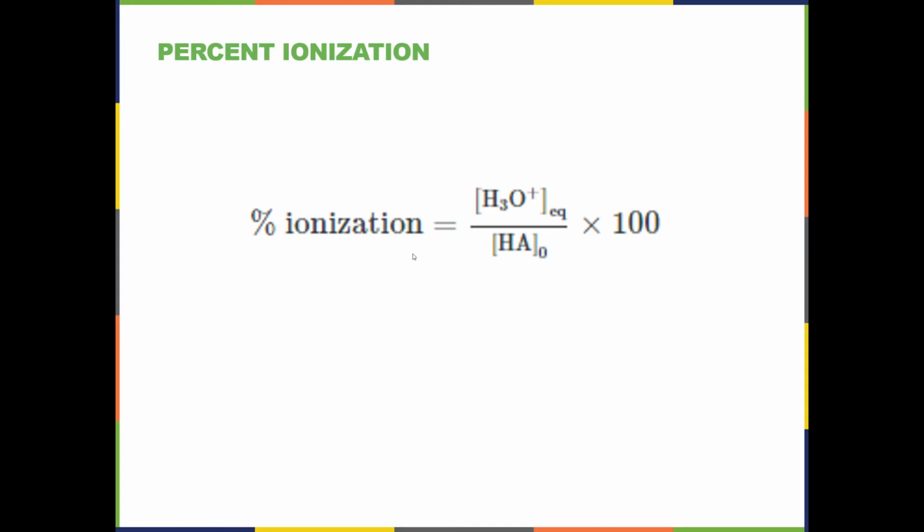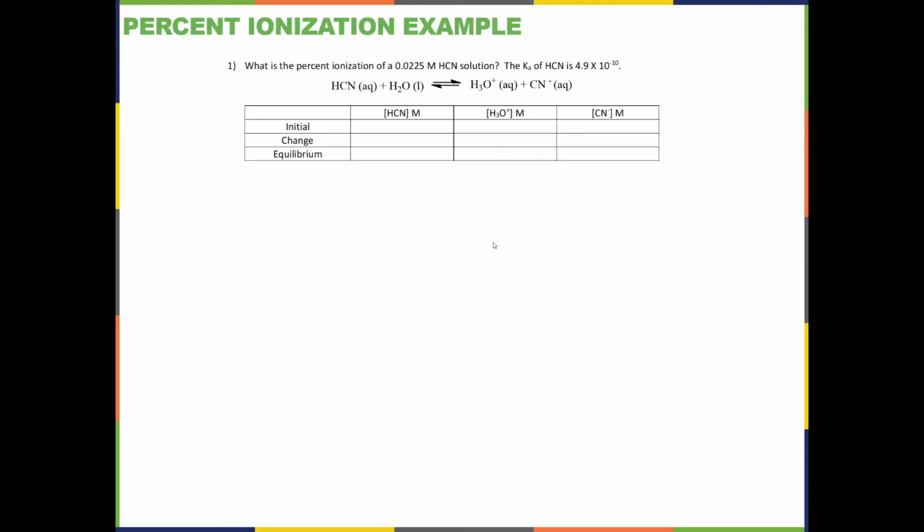So the percent ionization is the concentration of H3O+ over the concentration of HA. So when the acid reacts with water, it's going to form H3O+, and in this case CN-, because the acid is HCN.